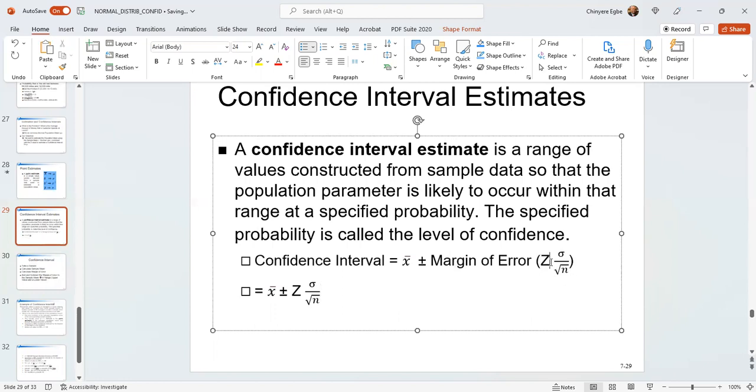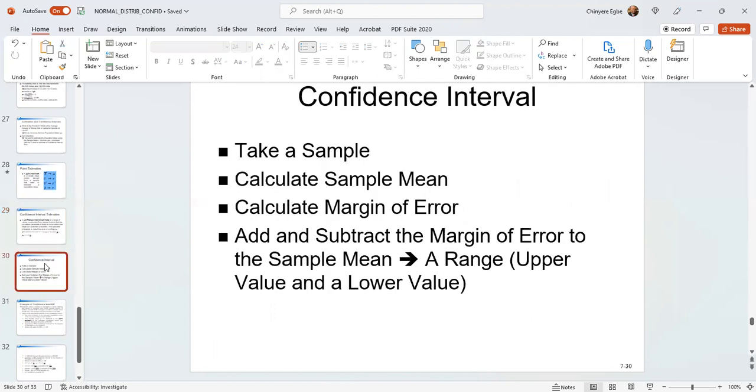That is the Z value times the standard deviation divided by the square root of the sample size. And that gives you the upper range.